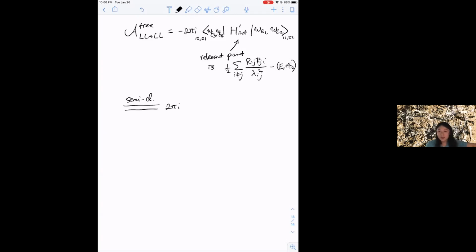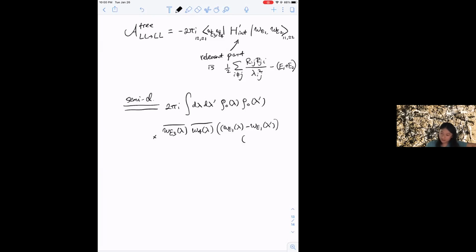You can turn the sum over i and j into an integral. So you have an integral over d lambda prime. We just plug in the ground state eigenvalue density rho naught of lambda, rho naught of lambda prime, and then we'll plug in the wave function, which is WE3 of lambda bar, WE4 of lambda bar, and WE1 of lambda minus WE1 of lambda prime.